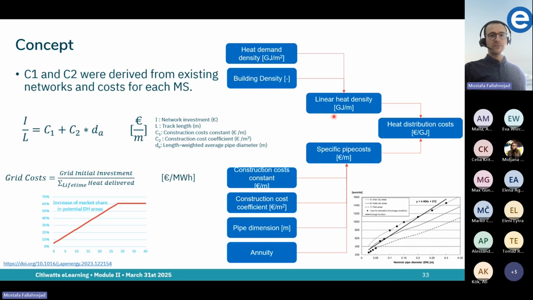From these two layers, the linear heat density will be extracted. And there are some other parameters: construction cost constants and coefficients in euro per meter and euro per square meter, pipe dimensions, and annuity.